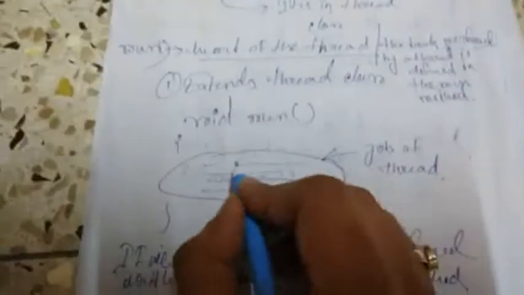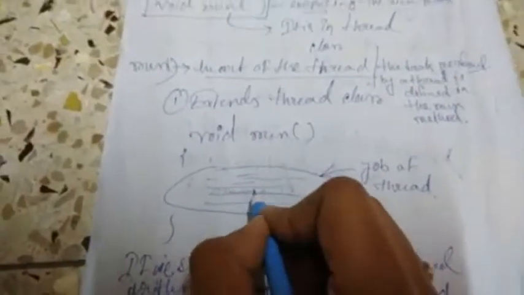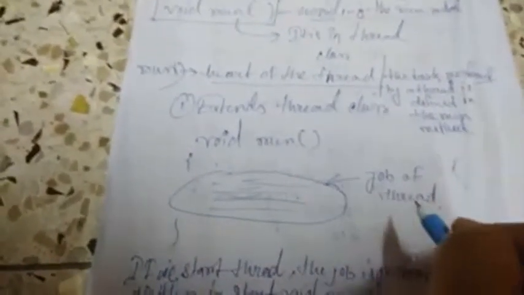You can see that the code is written in the run method, and that is the job of the thread. So whenever we want to implement a logic or a new task in a thread, we must write our own code inside this run method.